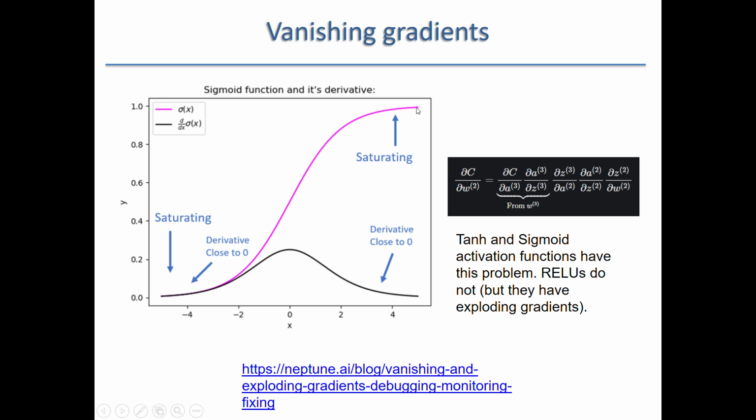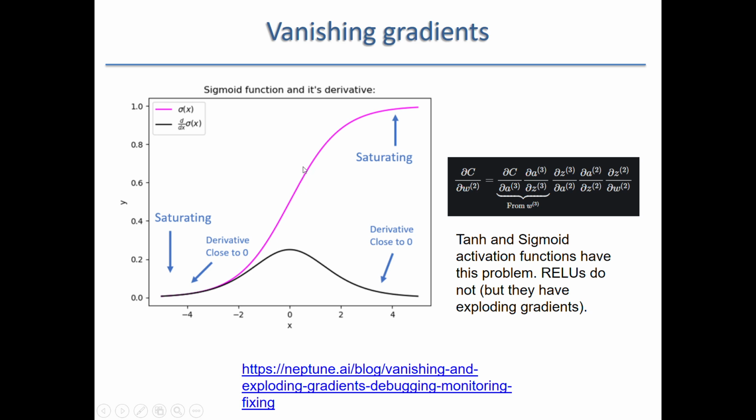So if our Z is close to 0, then here we have a lot of slope in the sigmoid function.